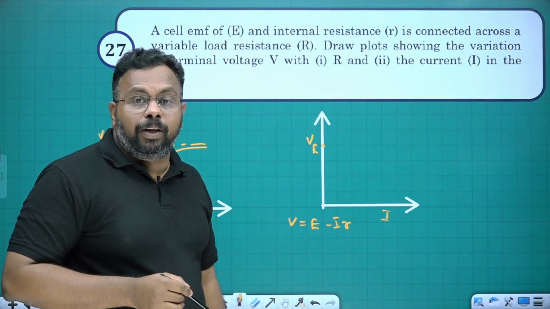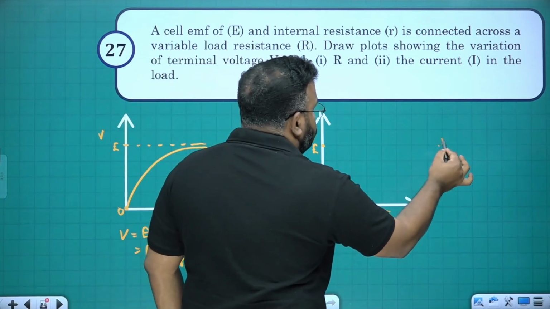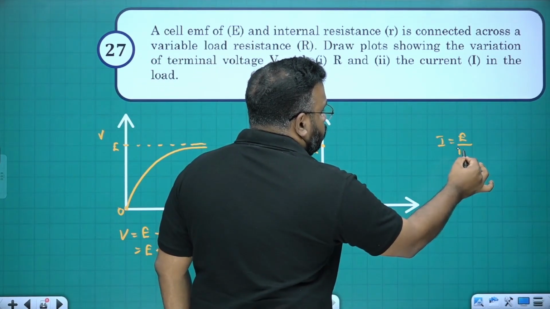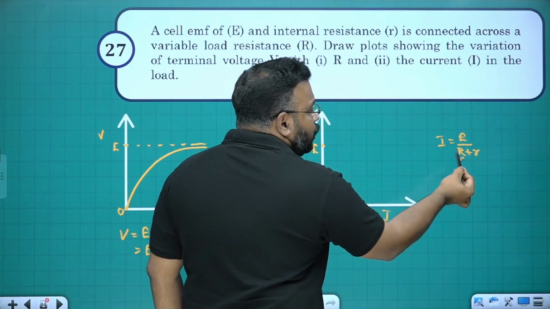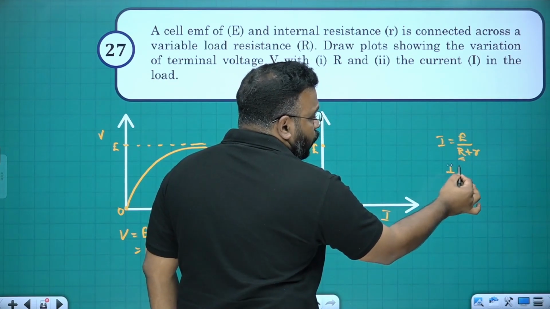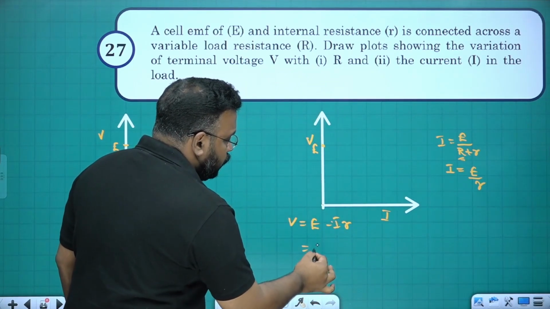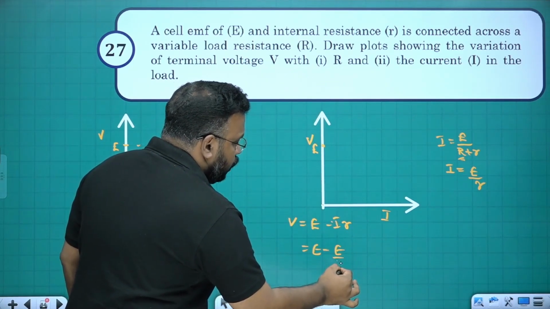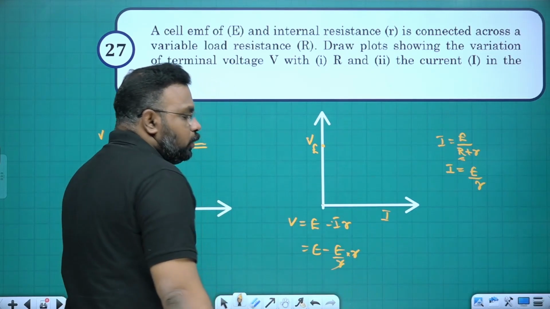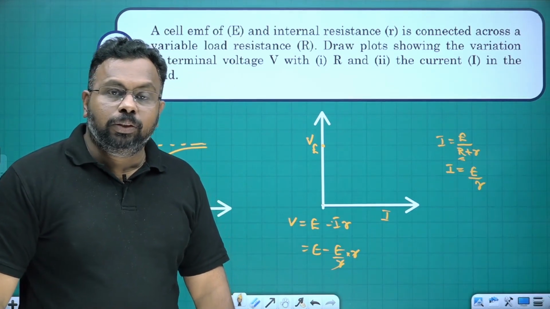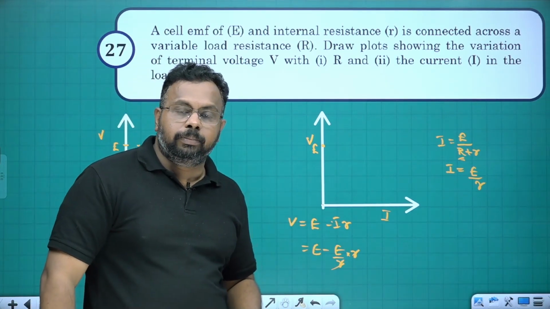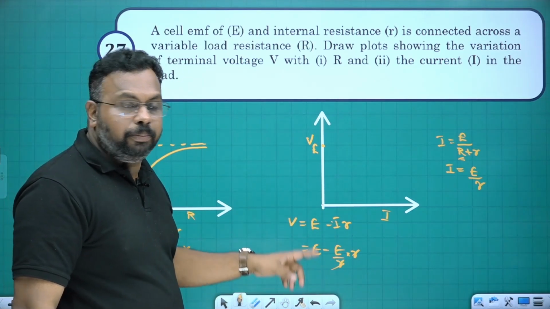Now what is the maximum possible value of current? So I equal to E by R plus R, you know that. If external resistance is 0, then that's the maximum value of current, that is E by R. So if you are substituting that value here, we get E minus E by R into R. So we get E minus E is equal to 0. So when current is maximum, V should be 0.